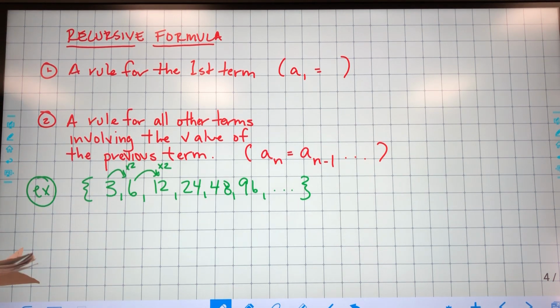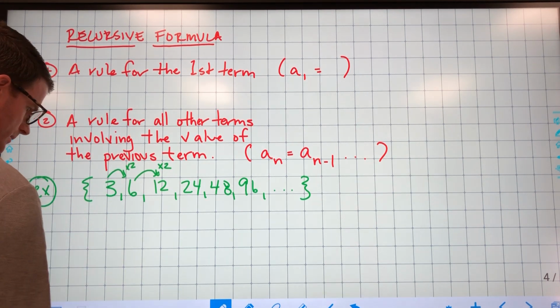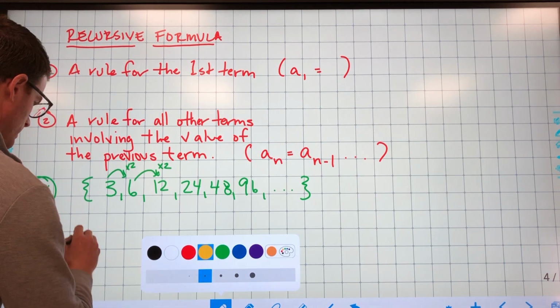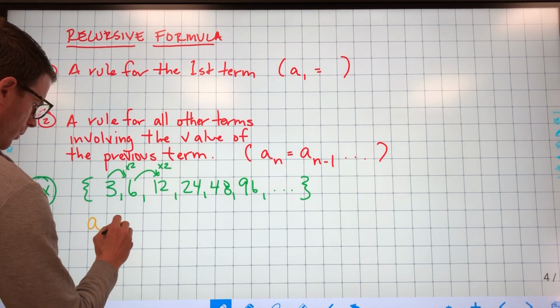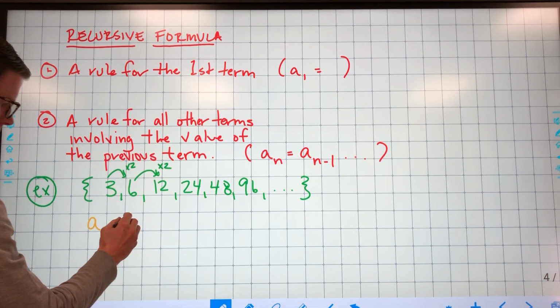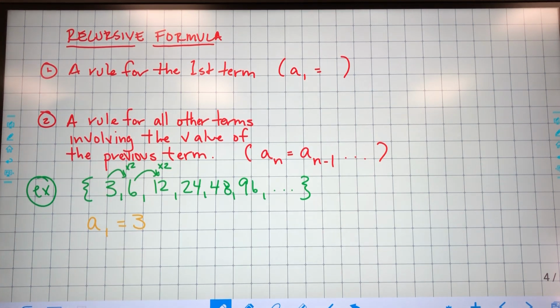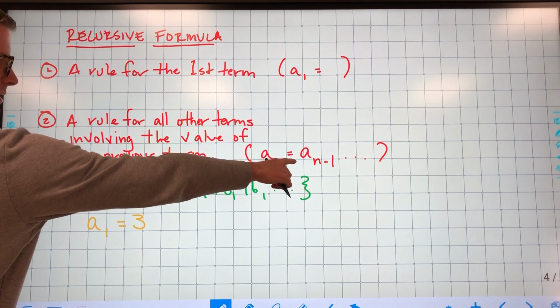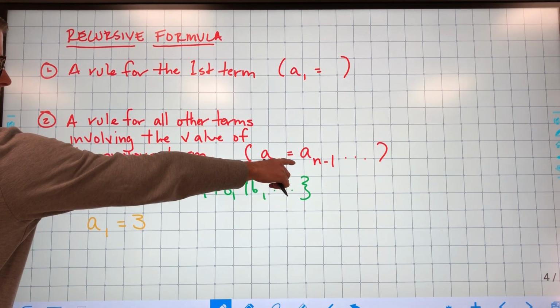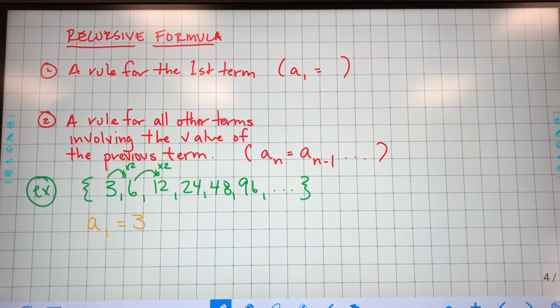So we could say, for a recursive formula, number 1, I need to know the value of the first term. A sub 1 equals 3. Number 2, I'm going to come up with something that involves what I am doing to the previous term to get the next term.